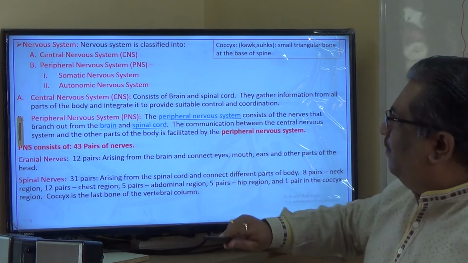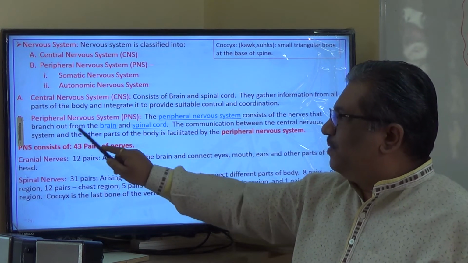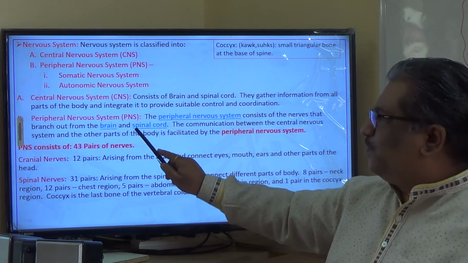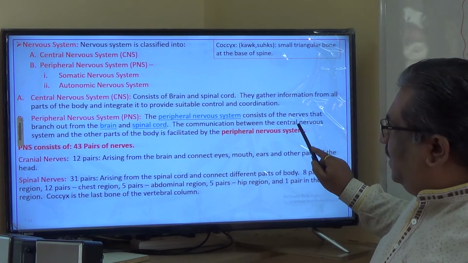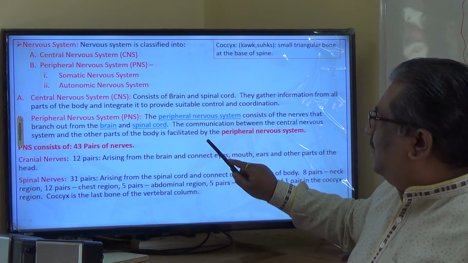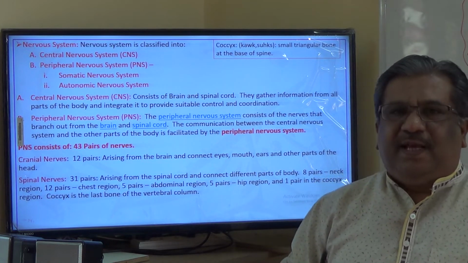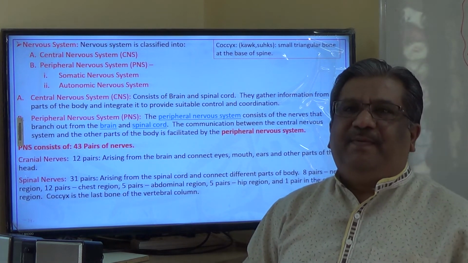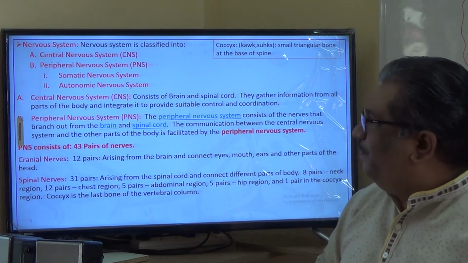Peripheral nervous system. It consists of nerves that branch out of the brain and that branch out of the spinal cord. The communication between CNS and other parts of the body is facilitated by PNS. That means peripheral nervous system helps in establishing the communication between the central nervous system and different parts of the body.